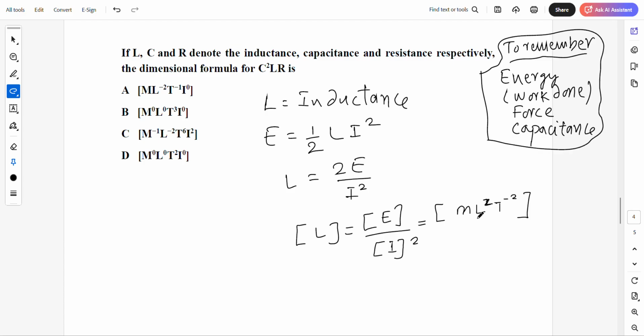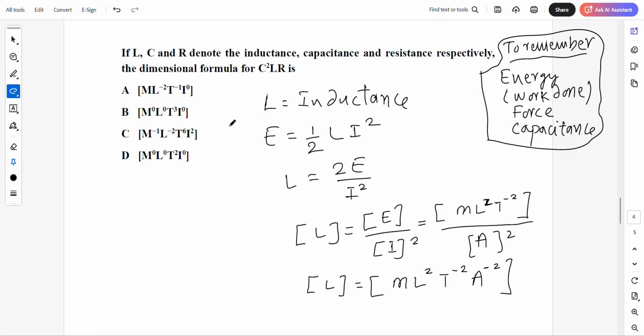That is M L square divided by I square, where I is nothing but A. Now I can write the dimensions of L as M L square T to the power of minus 2 and A to the power of minus 2.